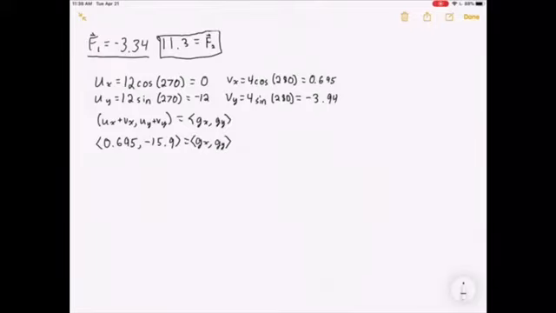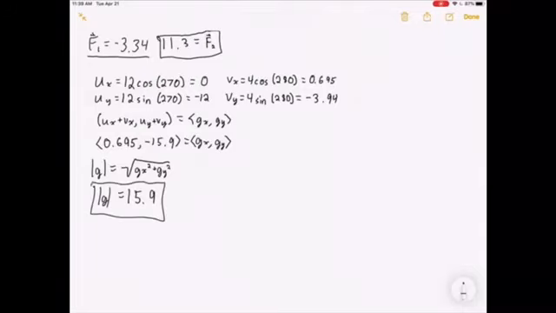This is the resultant in magnitude and direction. So magnitude, you would do square root of Gx squared plus Gy squared. Basically, when you put that on a calculator, you get magnitude of G is 15.9. It rounds to that.